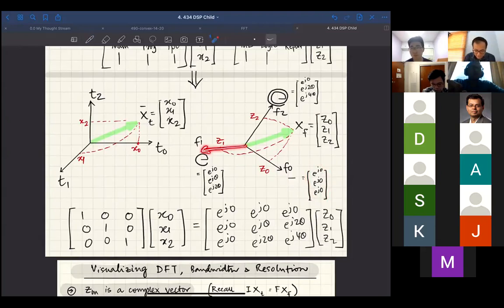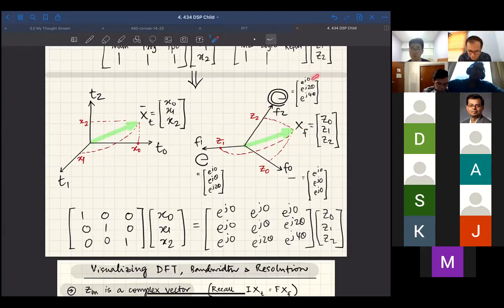F1 is a stick that is rotating 1 cycle per n time units. So n is 3 over here. So 1 cycle is e to the power j0, e to the power j theta, e to the power j2 theta. And F2 is spinning 2 cycles in n time units.